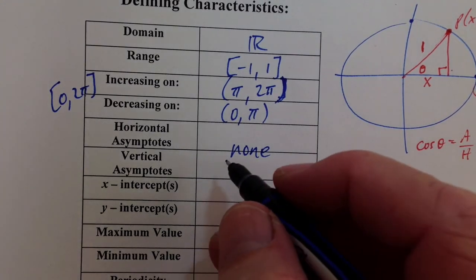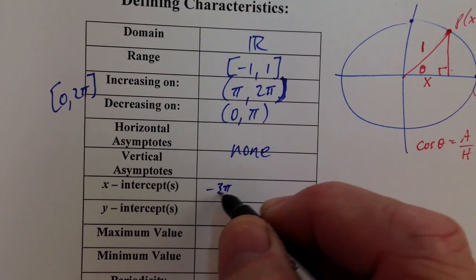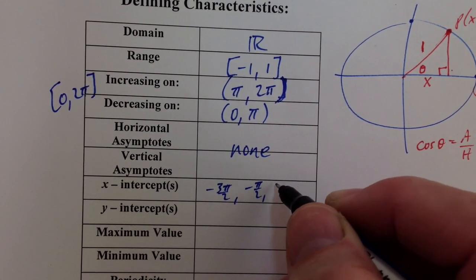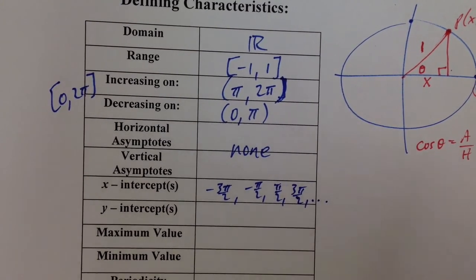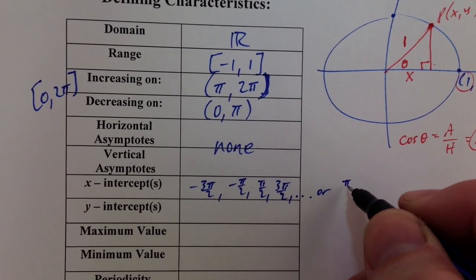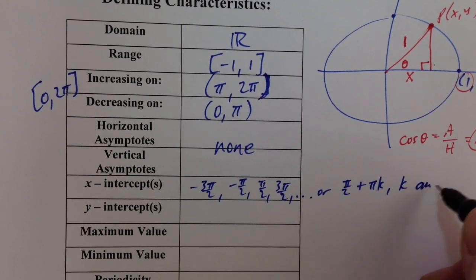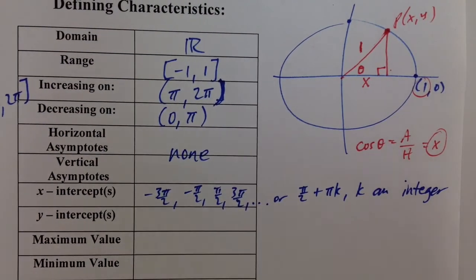And let's see if we can do the pro style of writing these x-intercepts. We have negative 3 pi over 2, negative pi over 2, pi over 2, and 3 pi over 2, and so on. So it keeps going. Or pro style would be just pi over 2 plus pi times k, where k is an integer.